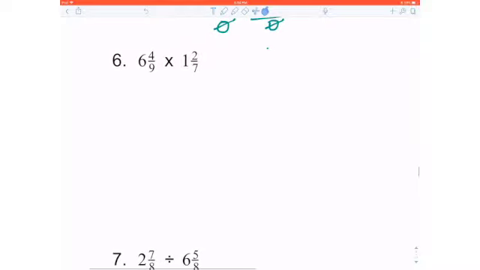Go ahead and give number 6 a try before we do number 7 with some division. I'll give you just 1 second, and then I'll go over it with you.